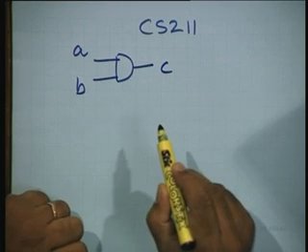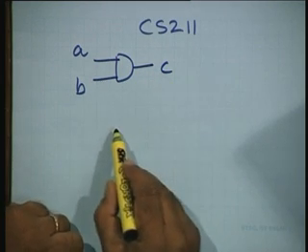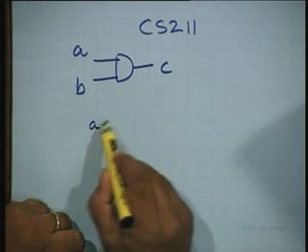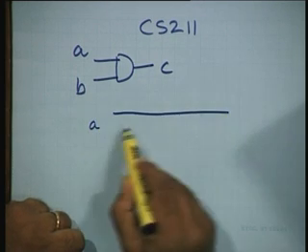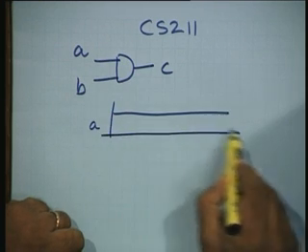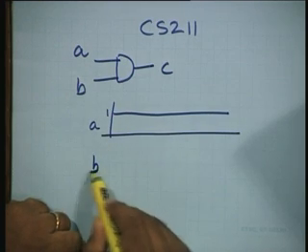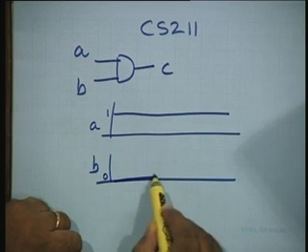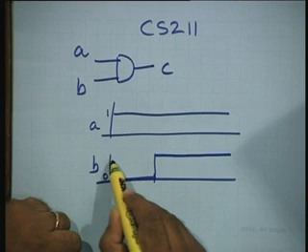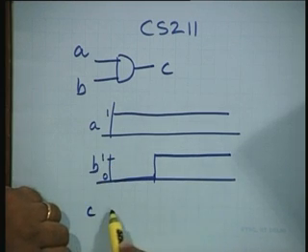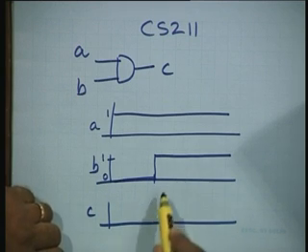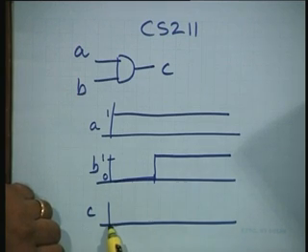Suppose we have an AND gate, and if you look at waveforms in time, suppose A is 1, and B is 0, up to some point when it changes to 1. Then we expect that C would become 1 in response to this change, but there would be some delay. C is 0 when at least one input is 0.